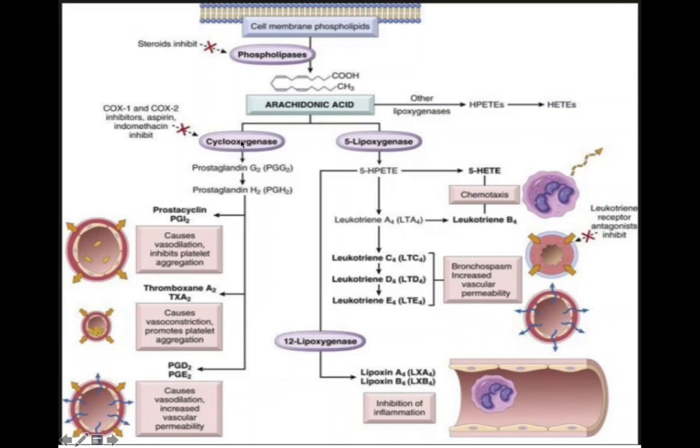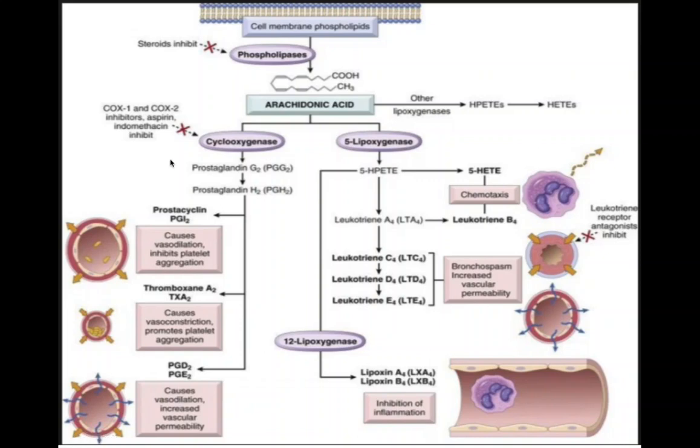The COX enzyme on the left, cyclooxygenase, is involved in producing these inflammatory prostaglandins that are needed: prostacyclin, or PGI2, thromboxanes, or TXA2, and then PGE2s. These are very necessary for normal physiology.